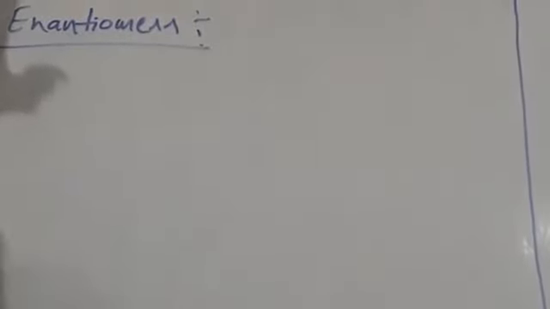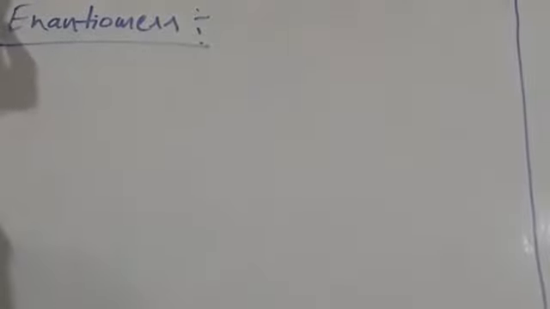Generally, in optical isomerism, we get a pair of compounds having the chiral carbon. That pair of compounds are mirror images of each other and they are non-superimposable with each other.